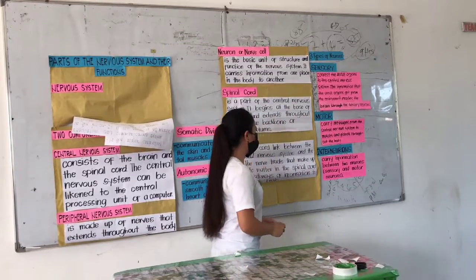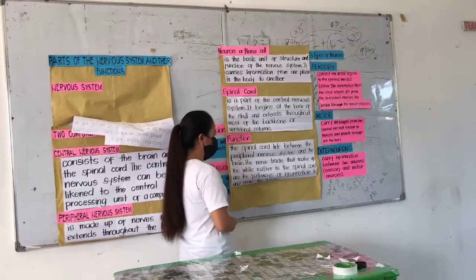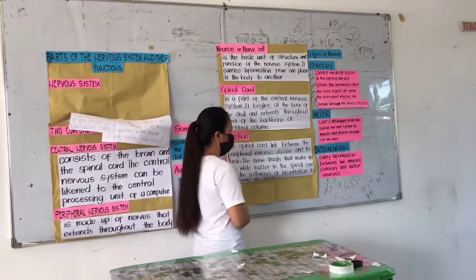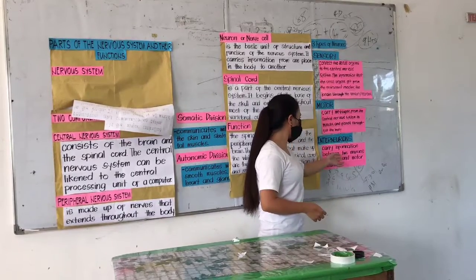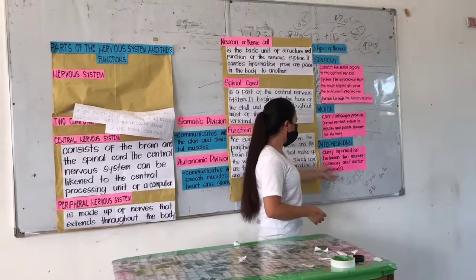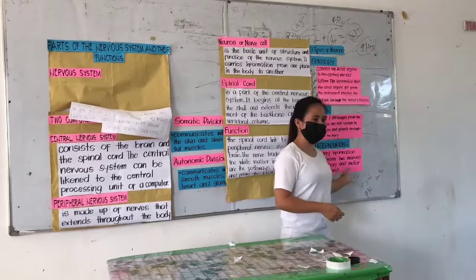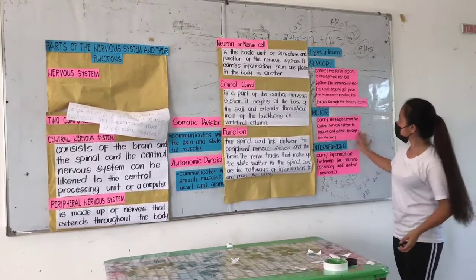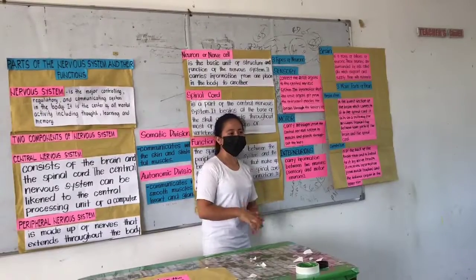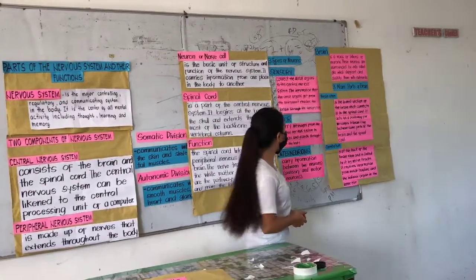Motor neurons carry messages from the central nervous system to muscles and glands throughout the body. Okay, so the interneurons carry information between two neurons, the sensory and motor neurons. So, class, let's proceed to the brain.